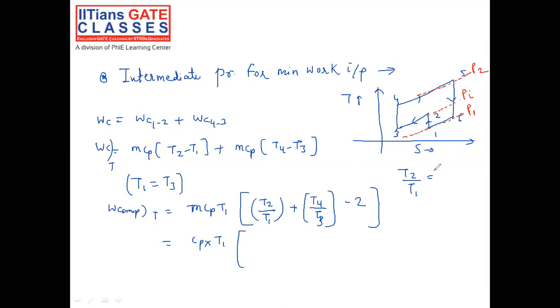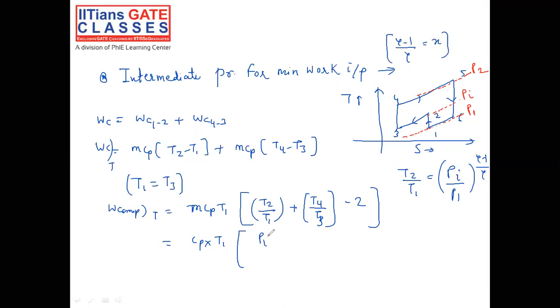So I can write down Pi divided by P1 to the power gamma minus 1 divided by gamma. And here I'm assuming (gamma minus 1)/gamma equal to X.